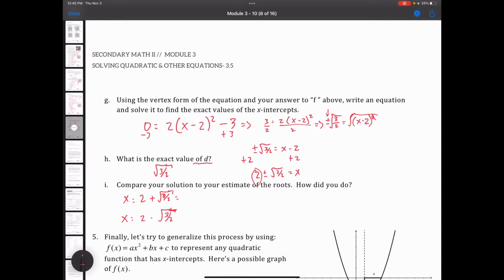Take 3 divided by 2, take the square root of that. That's actually 1.2. So it's going to be closer to 3.22.